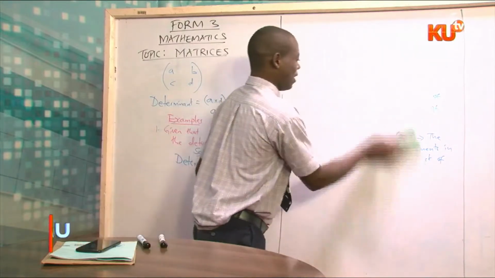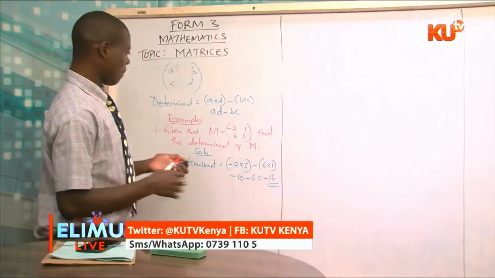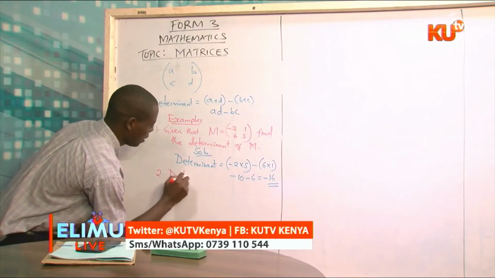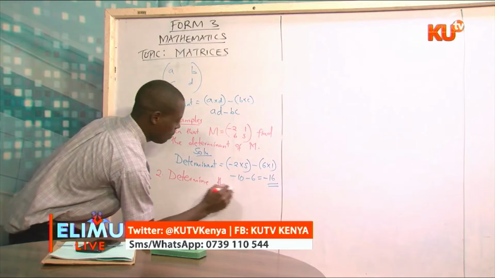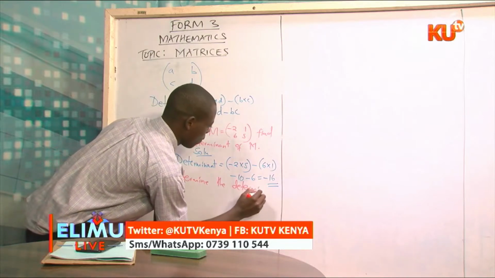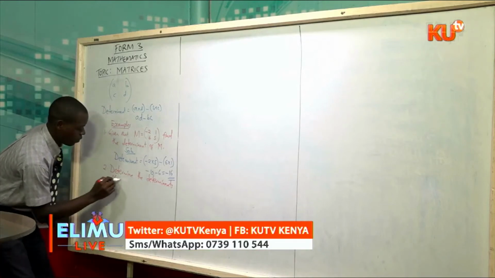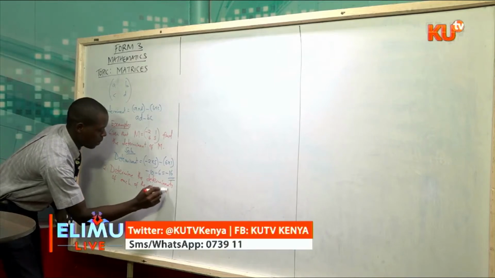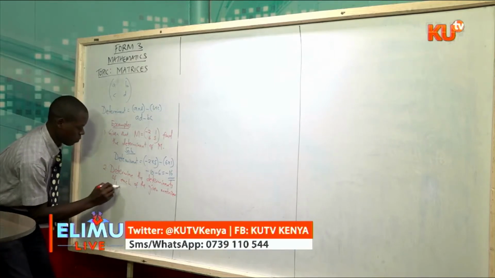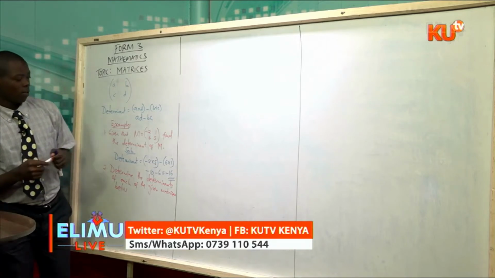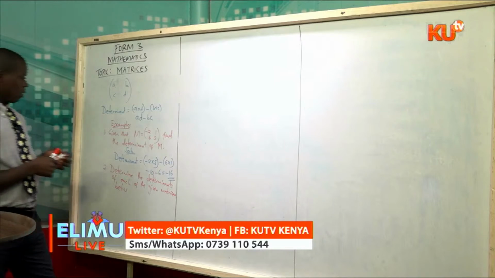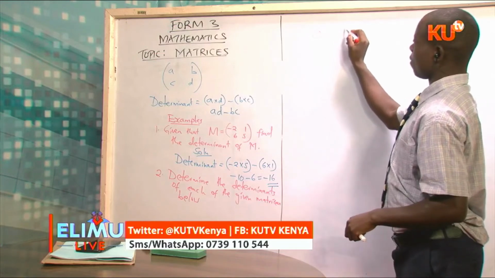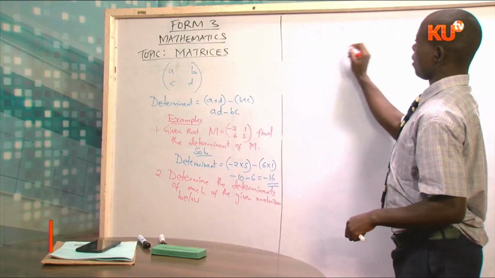We will look at the second example. We are told to determine the determinants of each of the given matrices below. Our first matrix is 4, -6, 3, 10.